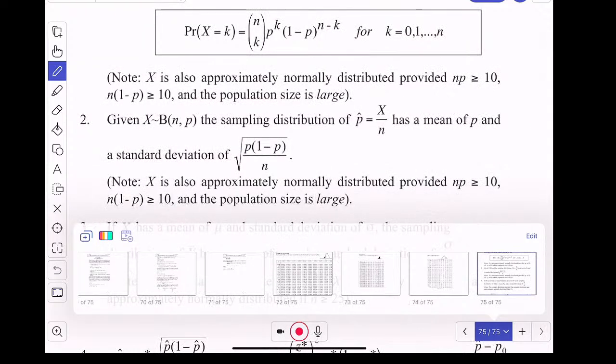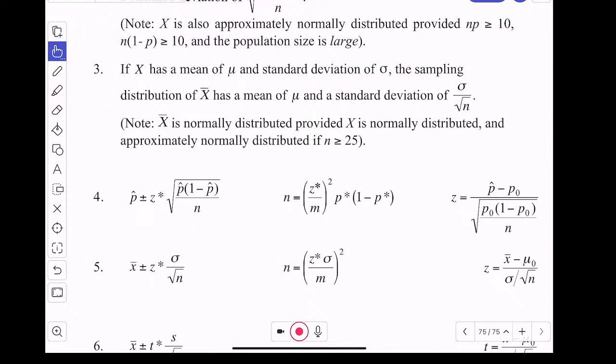What we've just done is used this whole column, the formula for the confidence interval, particularly for inference on the proportion without knowing P, of course.